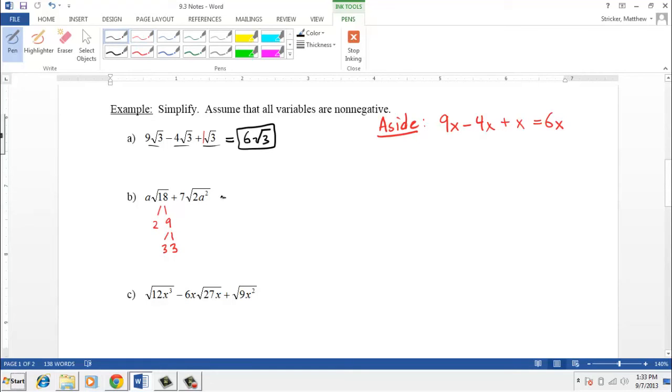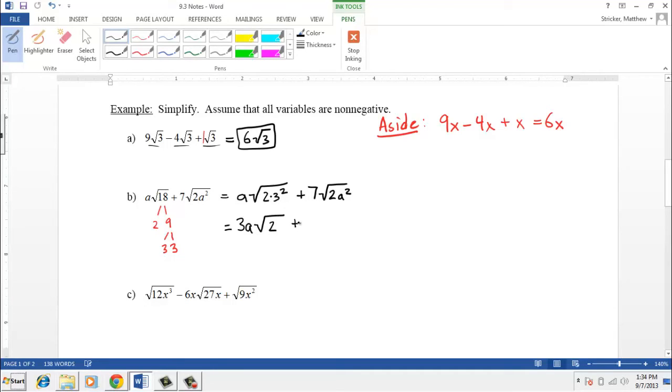And so that first term can be rewritten as a times the square root of 2 times 3 squared, because there's 2 3's there. And then here we have 7 times the square root of 2a squared. Can you see what's going to happen here? The 3 squared comes out. Square root of 3 squared is 3. We still have the a that was already out there. What's left underneath? Well, just the 2.